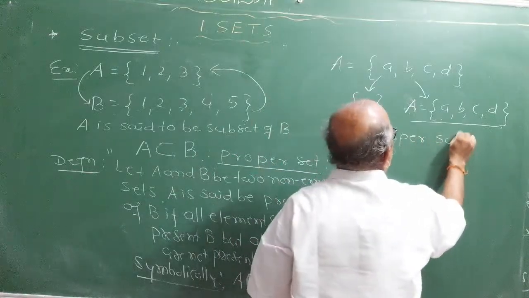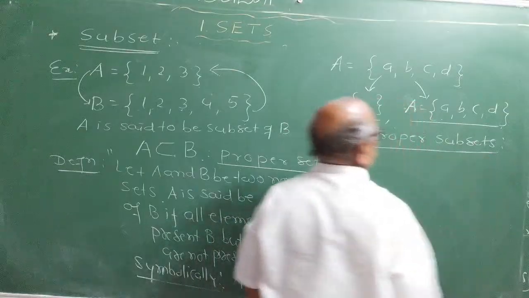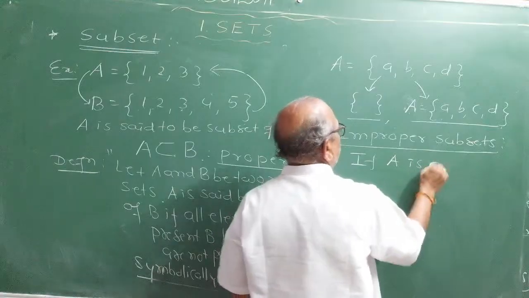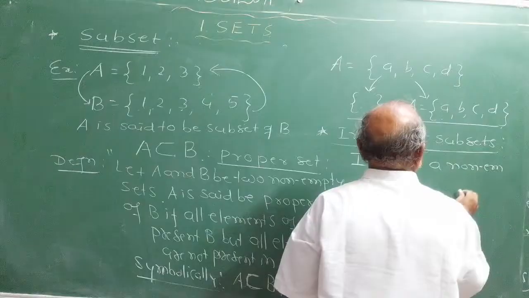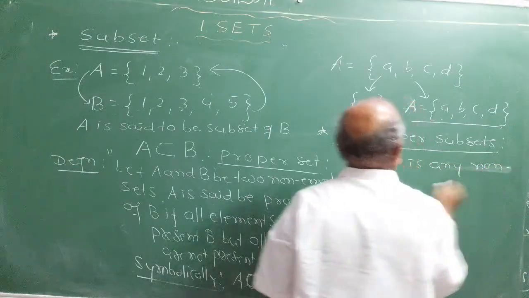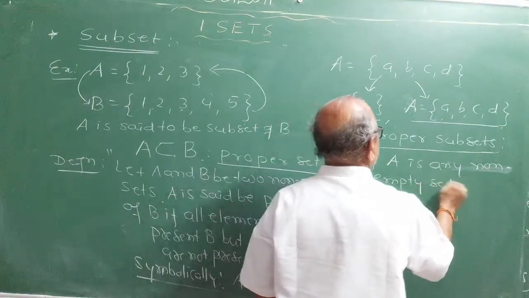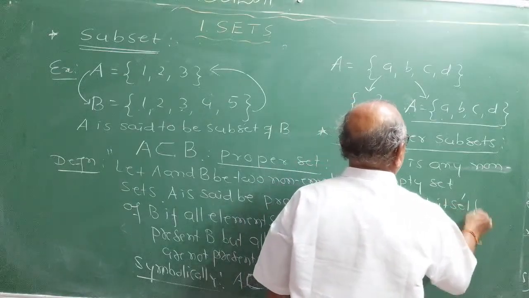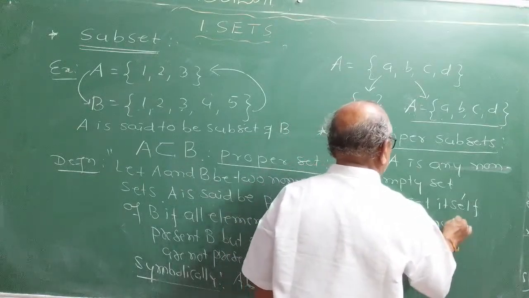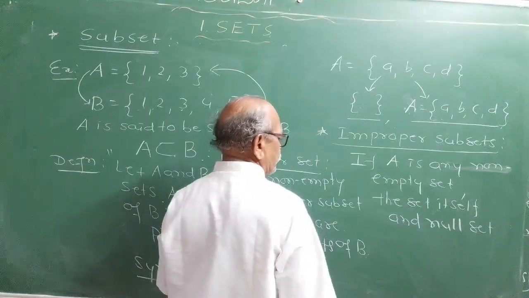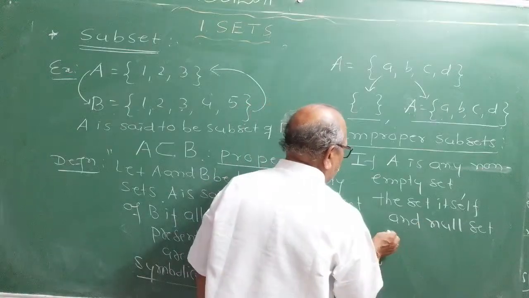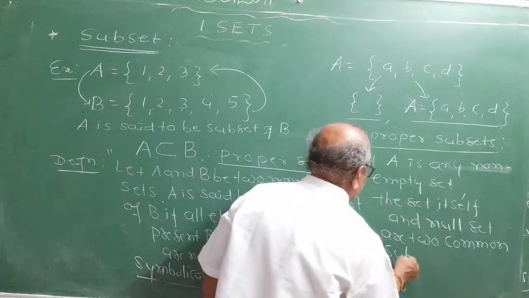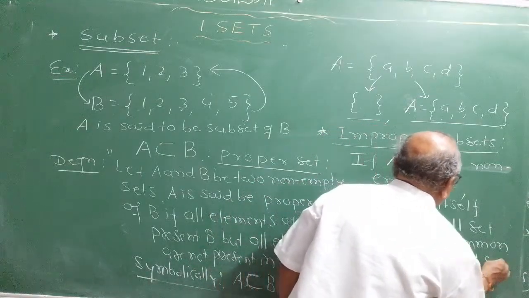Improper subsets: if A is any non-empty set, the set itself and the null set are two common subsets of all sets. Remember, very important for competitive exams.